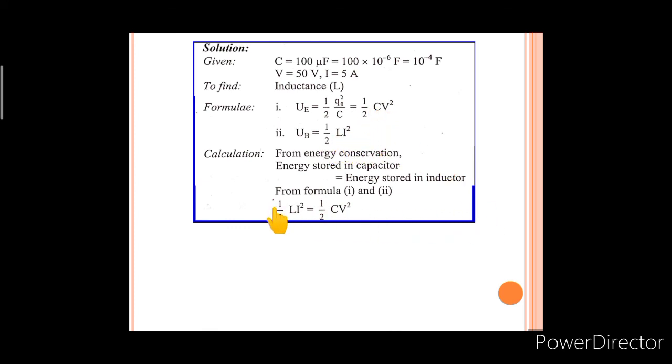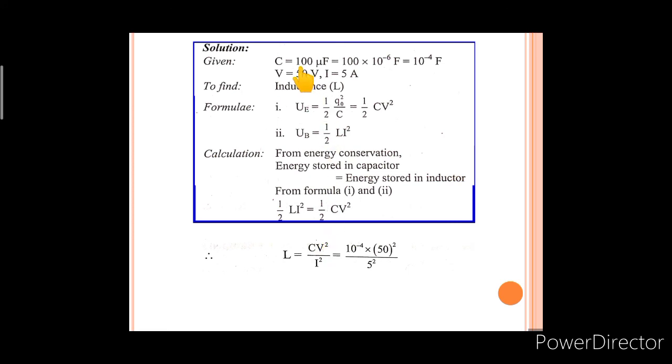So, we can write half Li square is equal to half CV square, as the half gets cancelled, as we have to calculate the value of L there. So, after rearranging the equation, L is equal to CV square upon I square. Then in the next step, we have to substitute the values, as C is 10 raised to minus 4 farad into V square.